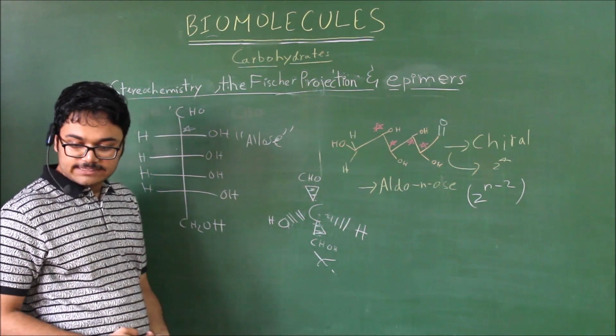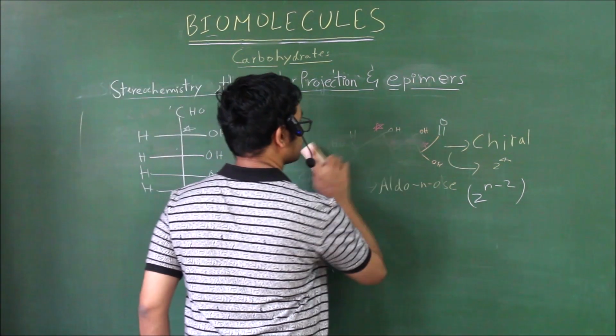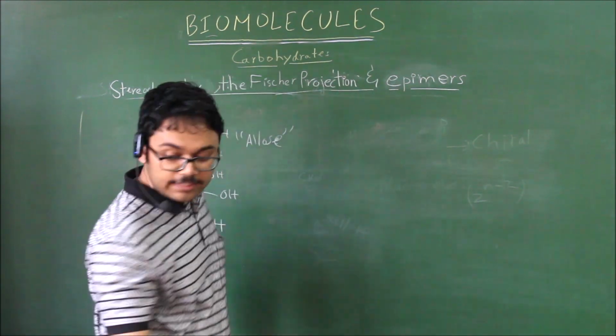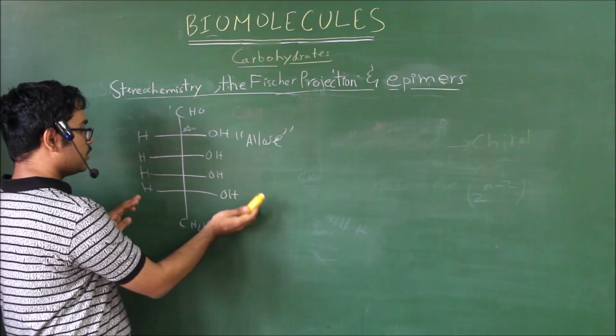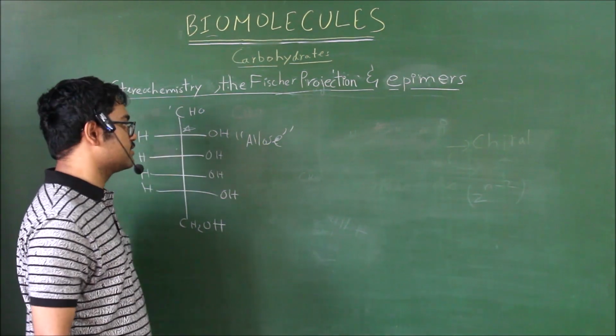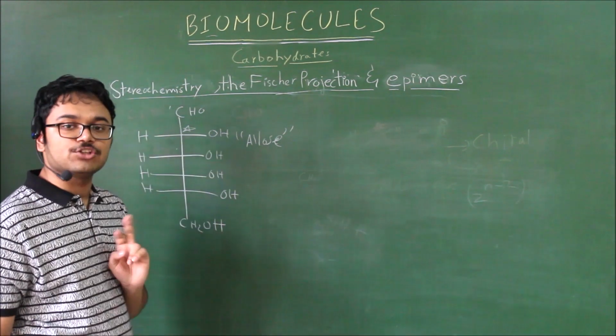Now let's look at something interesting. If I look at allose, obviously I can put all these OHs onto this side and all the H's onto that side, and then I'll get the enantiomer of this. And if I just switch one or two of these stereocenters, I'll get diastereomers of this.